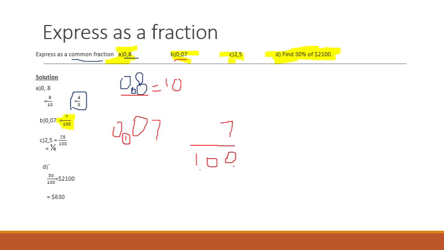Let's go to the next one. It's 2,5. This one. If we remove the comma here, it becomes 25.